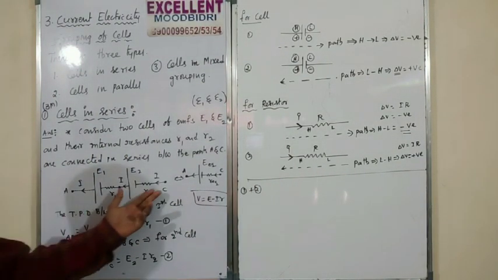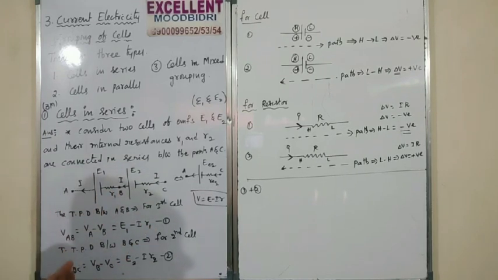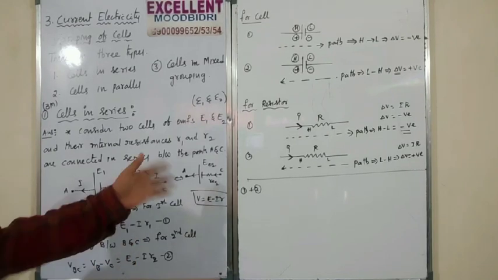So AC, VA minus VC. We can write VA minus VC as VA minus VB plus VB minus VC. Like that also it will come, but directly I will do 1 plus 2.